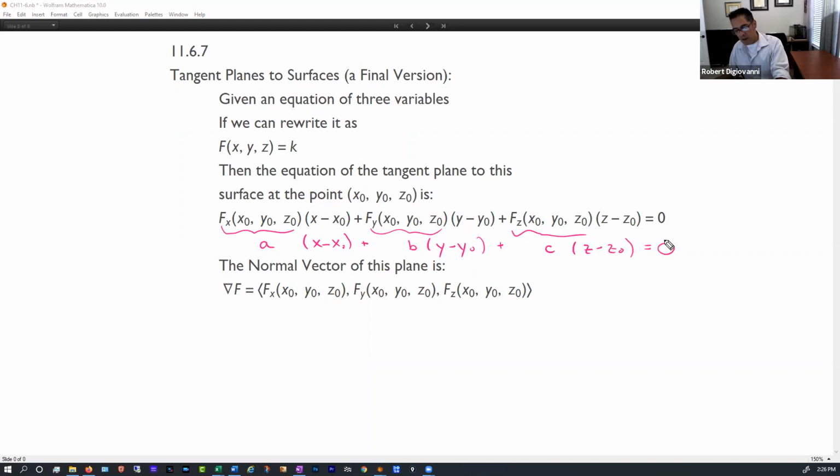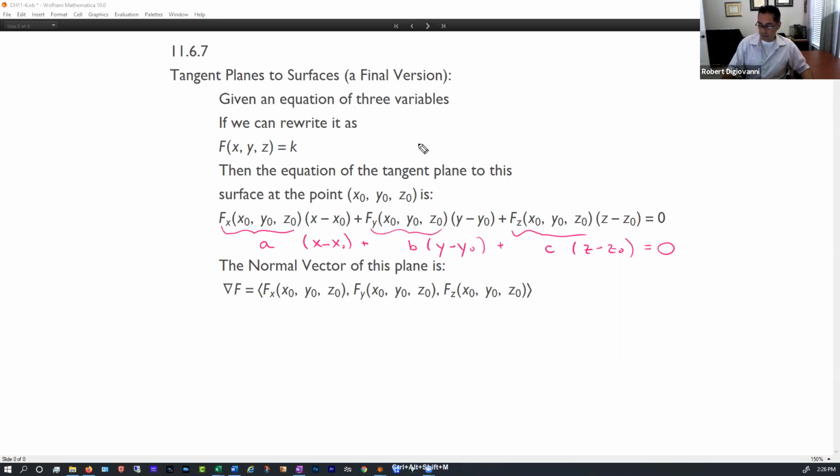And that is the basic general equation of a plane. So the a part comes from taking the partial of F with respect to x. The b part is the partial of F with respect to y. And the c part right here is the partial of F with respect to z. And so these partials make up the normal vector of the plane.